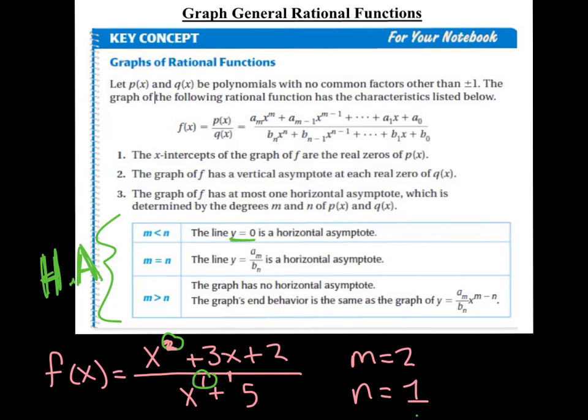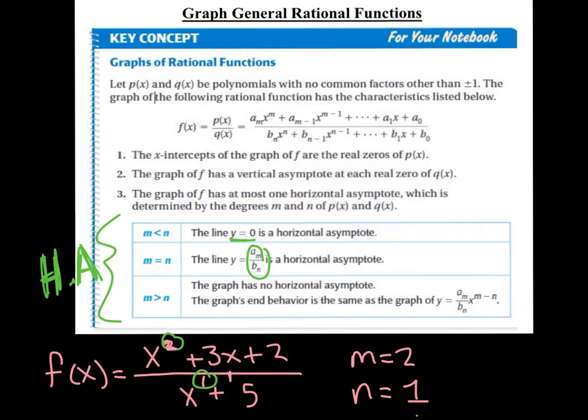When m equals n, which is what we did in the past when we had like 3x squared over 1x squared, we divided those coefficients. So when they're equal, you divide your lead coefficients, and whatever that value is, that's the horizontal asymptote. That's the one we've looked at already.